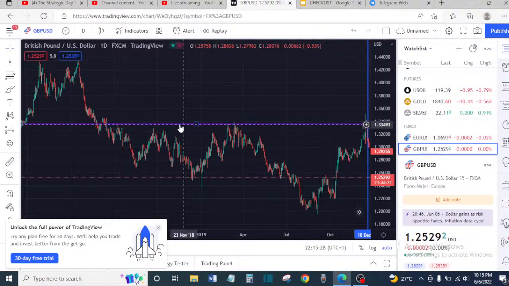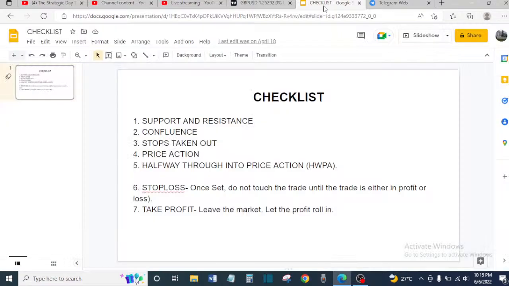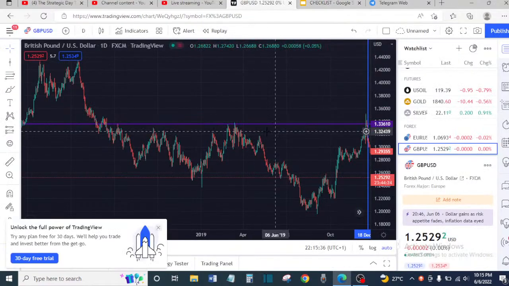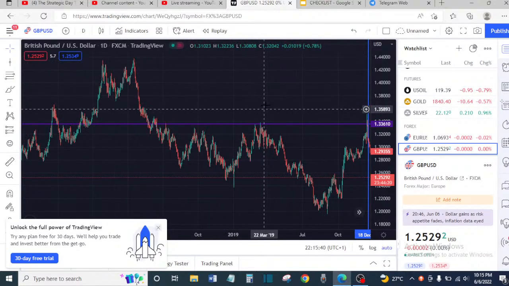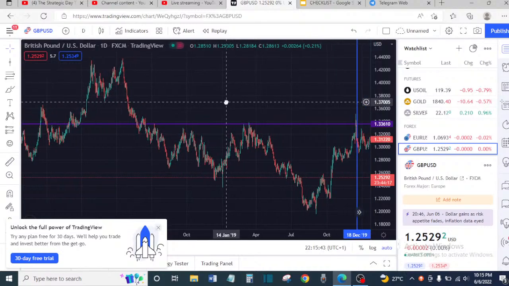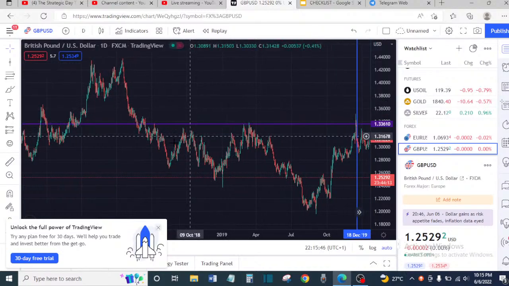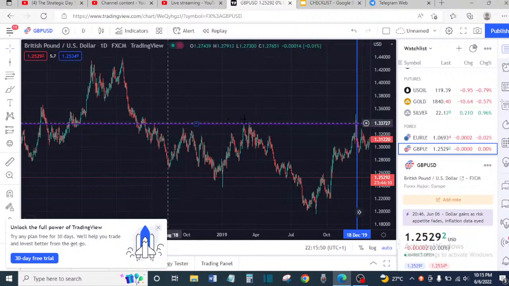All right, now what is on our checklist again after the confluence? Do we have price rejection in the past in these areas? Where you have this resistance area, you can see price around this area.